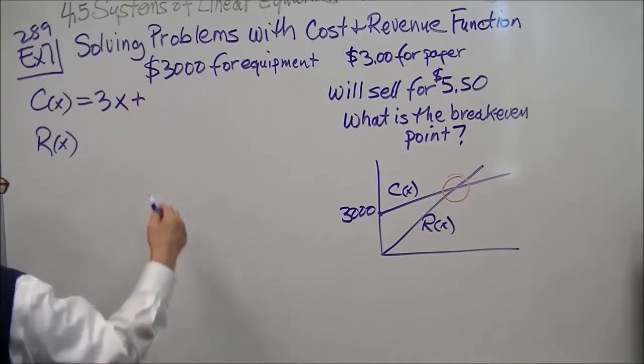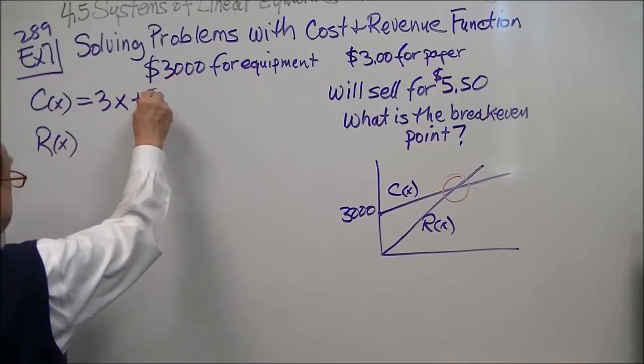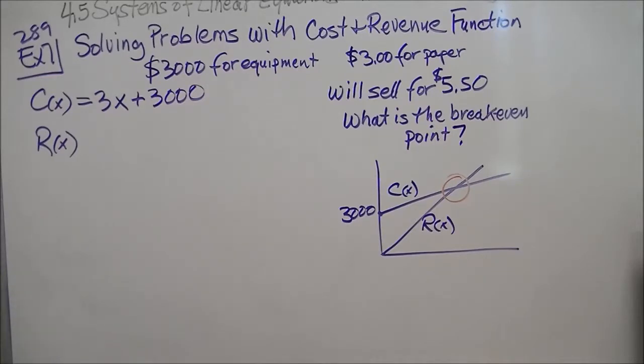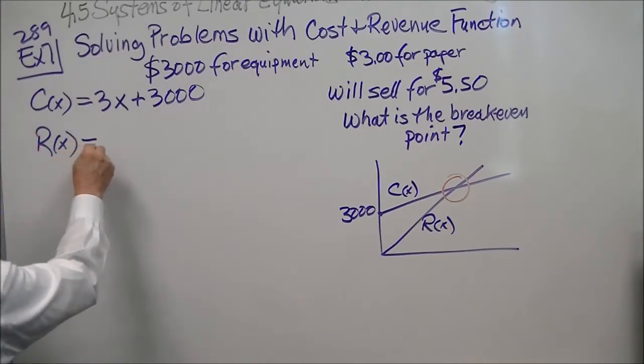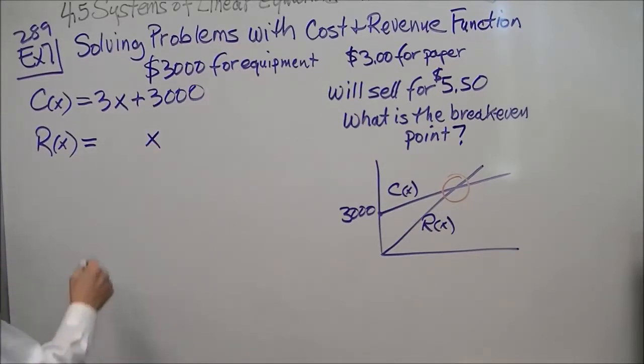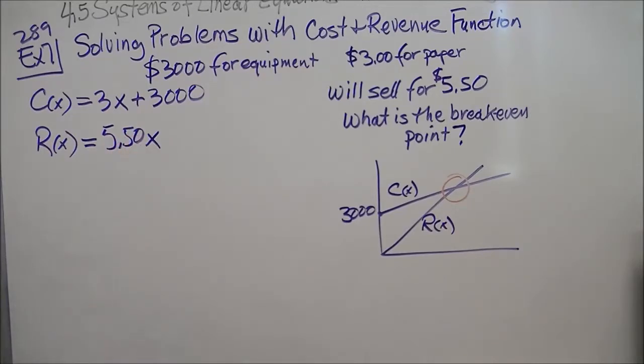Plus, there's a startup cost of the $3,000 for equipment. So this is your cost function. Now here, this is your revenue function. Every time you sell one of these packets, you're going to earn $5.50.